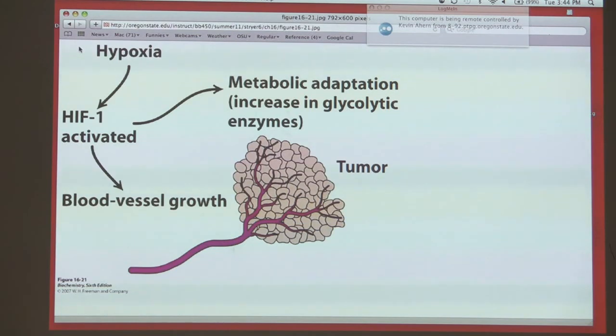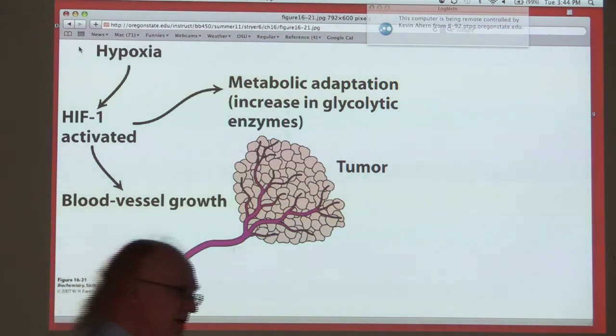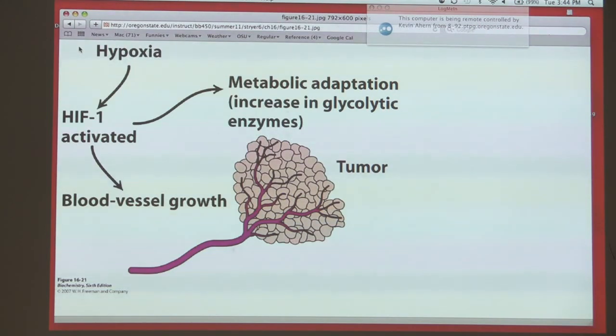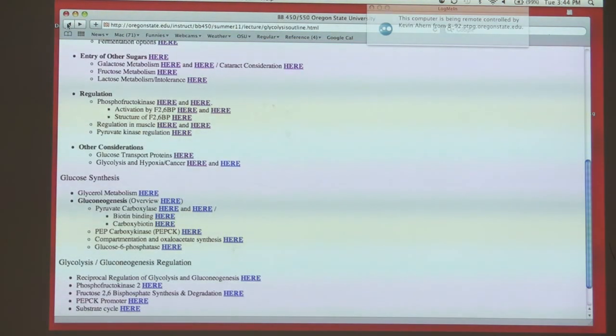So under these conditions where cells have low oxygen, whether they're a cancer cell or a normal cell, they will produce HIF, and HIF will bind to the promoter of specific genes and cause transcription of those genes to occur more readily. Now, what's really interesting is to see which genes get activated, that is, which ones the cell starts making more of.